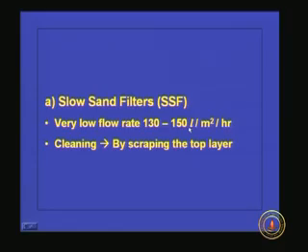So, whenever we talk about different treatment units, most of the time what we do, we provide a standby unit, because whenever the cleaning is required, other units have to be there in operational condition. But in case of slow sand filters, it is not that way, because if you have 2 filters, both the filters can run continuously with a flow rate of 0.1 meter per hour. So that is the recommended value.